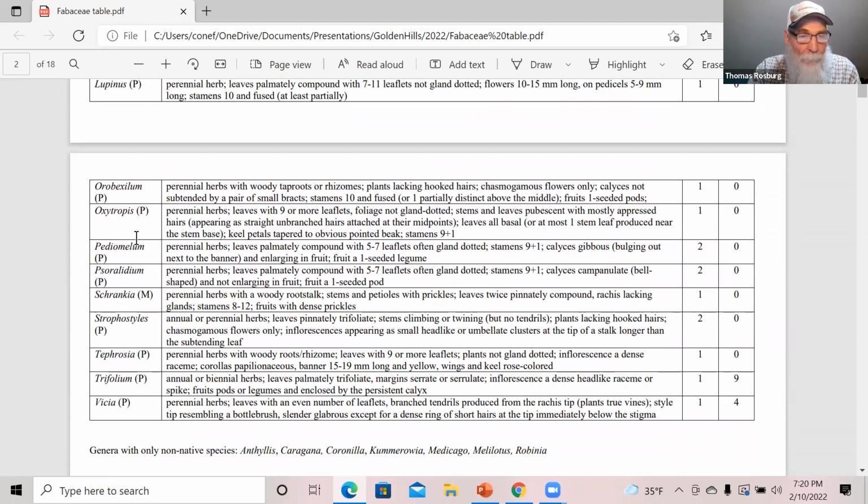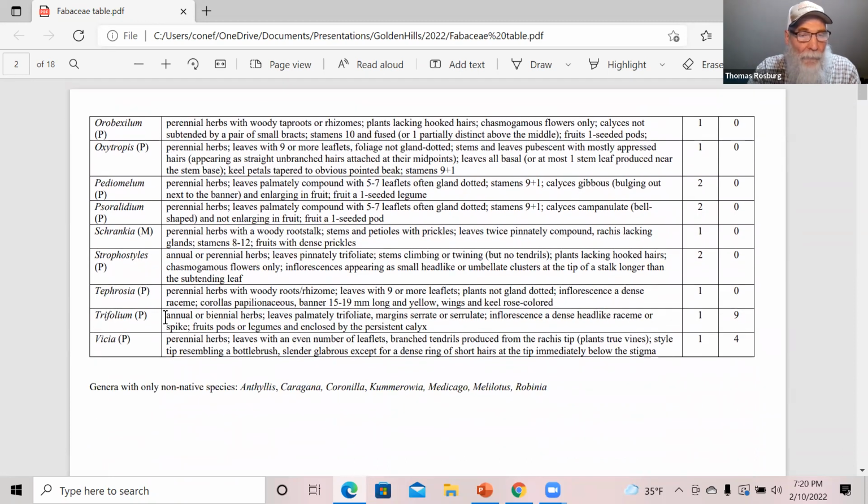We're going to do Oxytropis, Pediomelum, Ceruleum, Schrankia. We're going to do all of these. There's only one native Trifolium. The clovers, there's like 9 non-natives, and the one native Trifolium is Trifolium reflexum, and we'll see what it is when we get to this table here coming up.